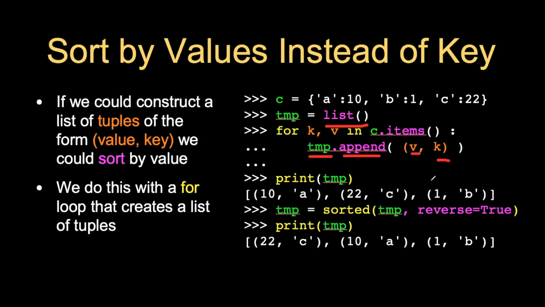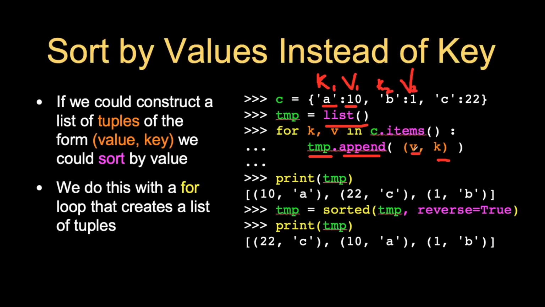This entire tuple is going to be appended into tmp, but because you are starting with V, then K, you're reversing your tuples here. In other words, your tuple starts with the dictionary key-value pair. So this is K, this is V, right? This is K1, V1, and then K2, and then V2, and so on and so forth.